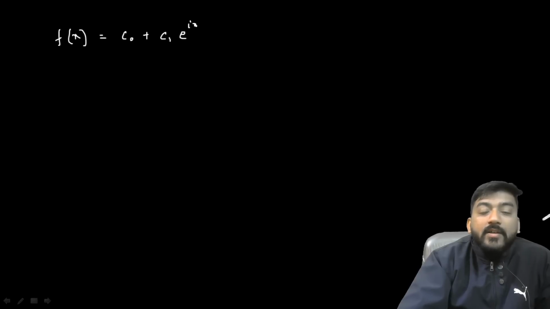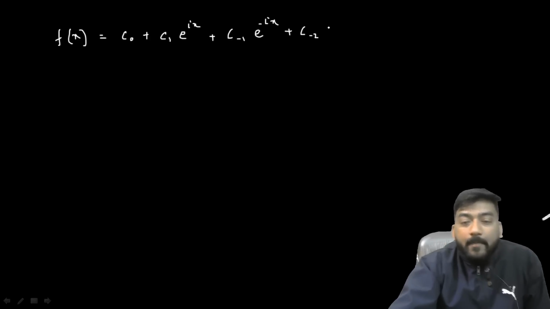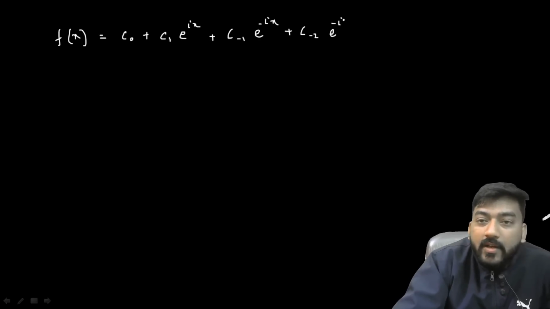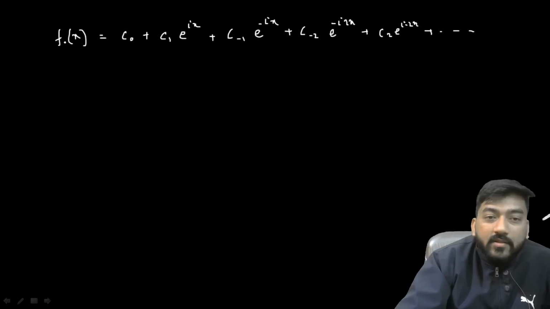So now if you want to find out cn, we write again that f of x is equal to c0 plus c1 e to the power ix plus c minus 1 e to the power minus ix plus c minus 2 e to the power minus i2x plus c2 e to the power i2x plus dot dot. So this is the expression for f of x.